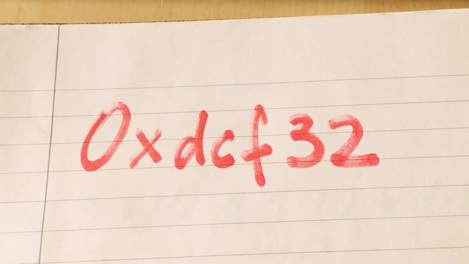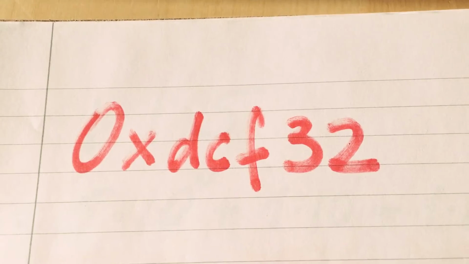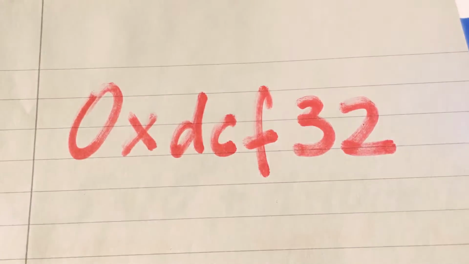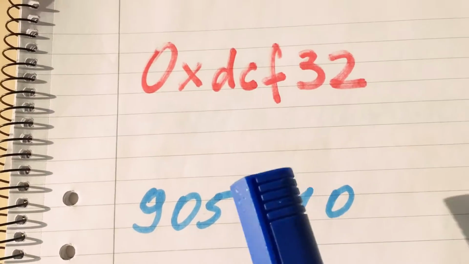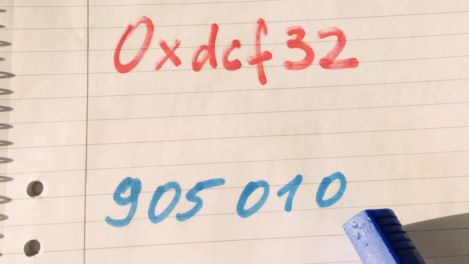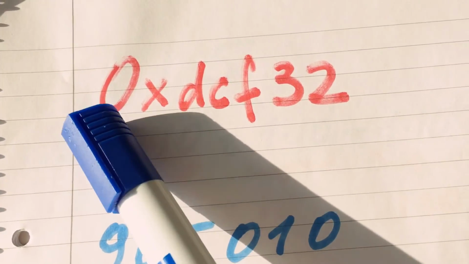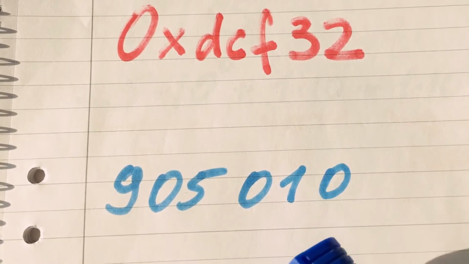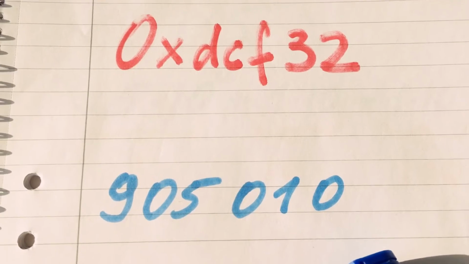However, in base 16, we have 16 different digits. So if you convert this number to a number in base 10, you'll get this number. This is called the hexadecimal notation, meaning that the number is in base 16, and this is the decimal notation, which is in base 10.